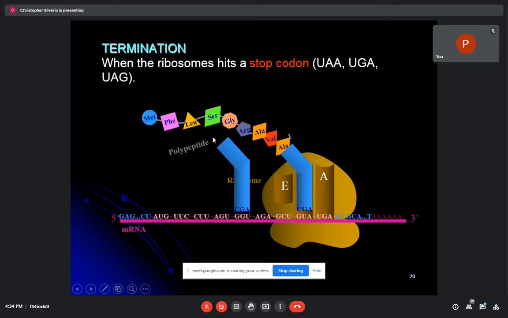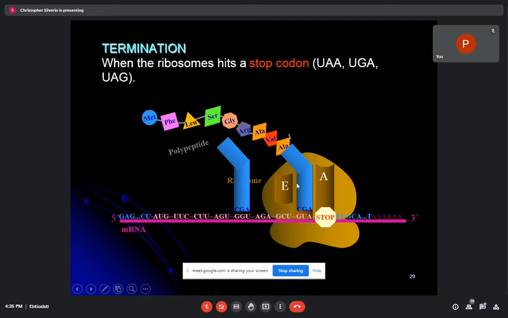And the polypeptide chain that was being carried by this transfer RNA was transferred to this transfer RNA carrying the amino acid alanine.